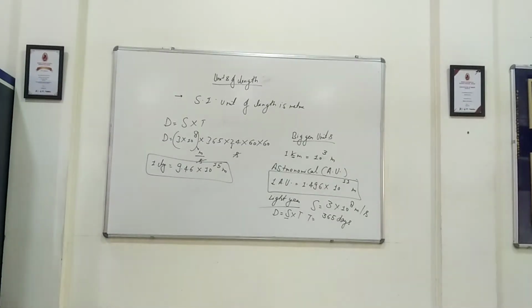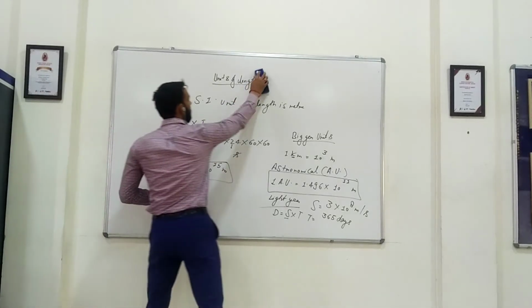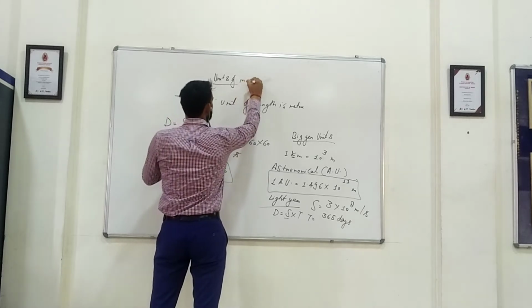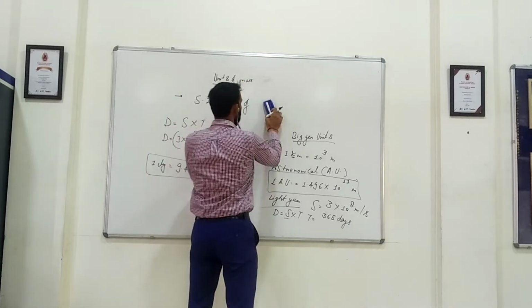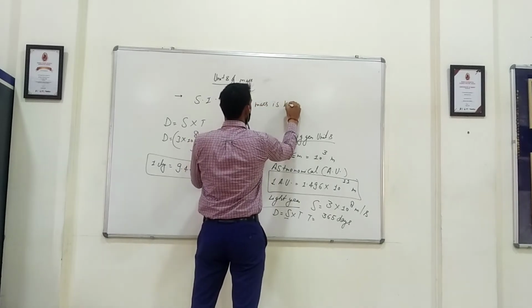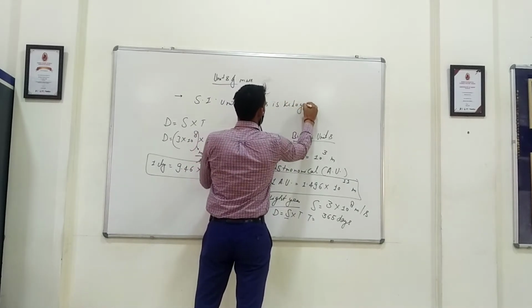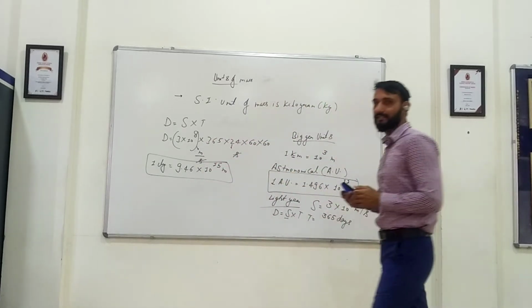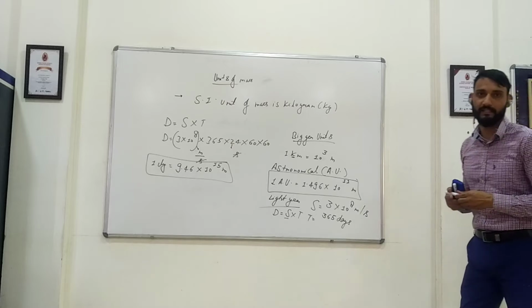Now coming to mass. So mass also has different units. The SI unit of mass is kilogram, that is kg, right?